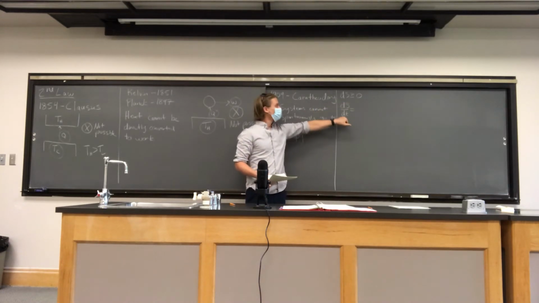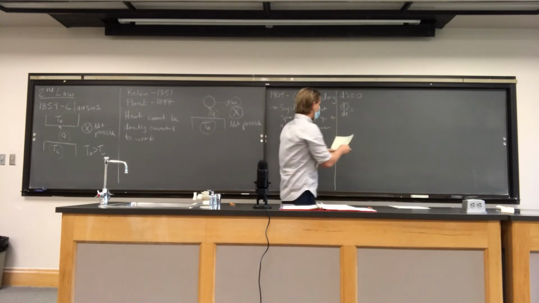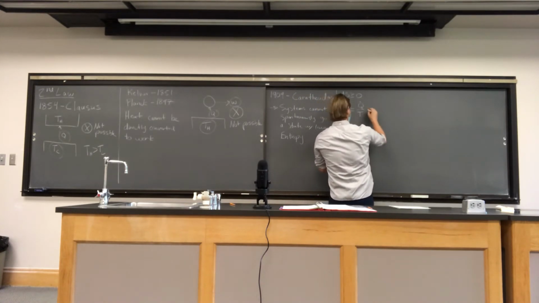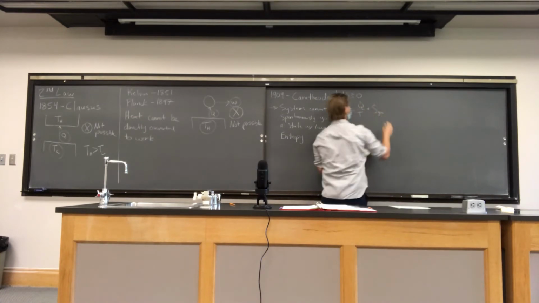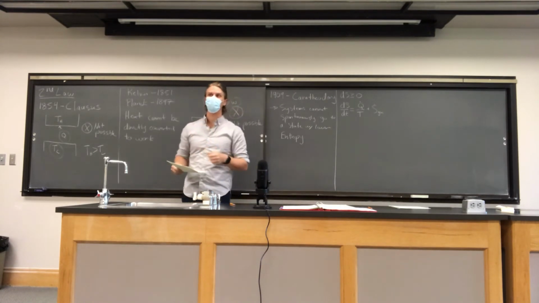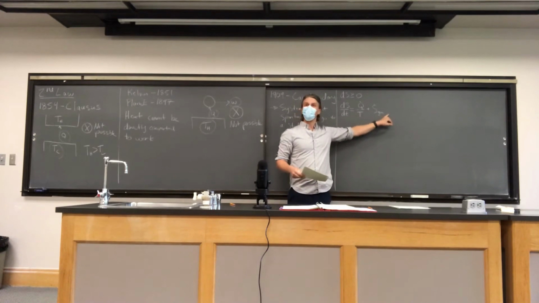But from a practical engineering perspective, we're looking at an unsteady state entropy balance. So the rate of change of entropy with respect to time is the heat input plus the rate of entropy generation. This is probably the starting point for most everyone's entropy balances. Now, if it's an open system, entropy is what we call extensive.